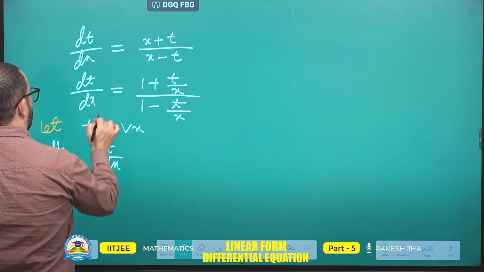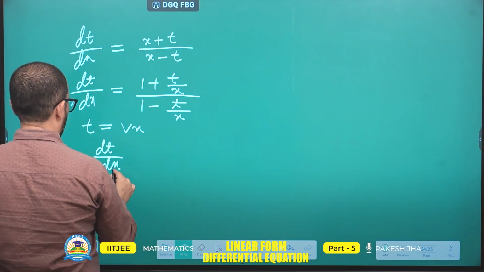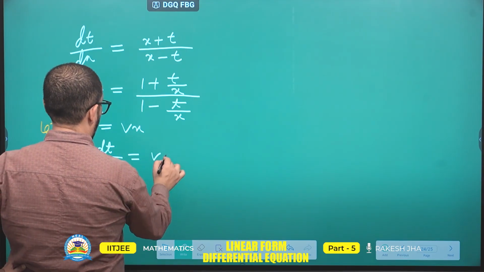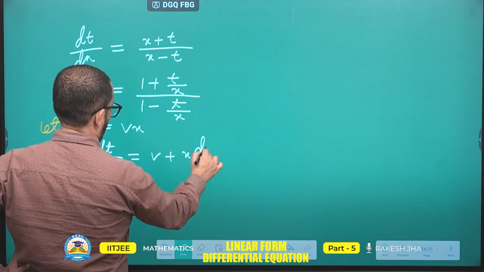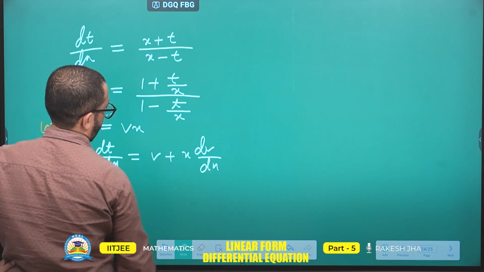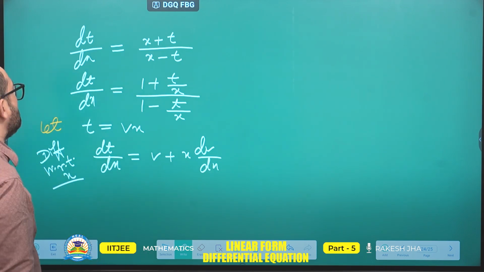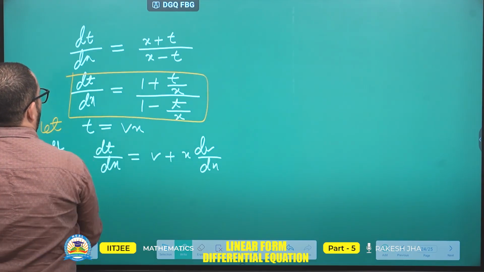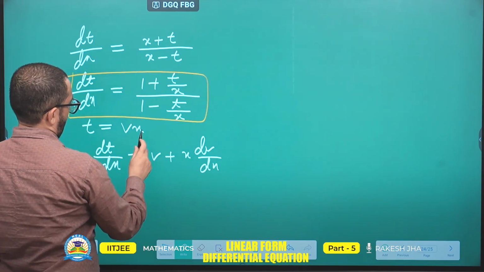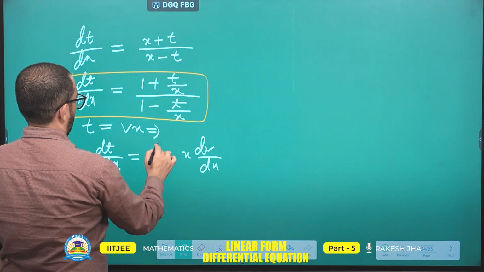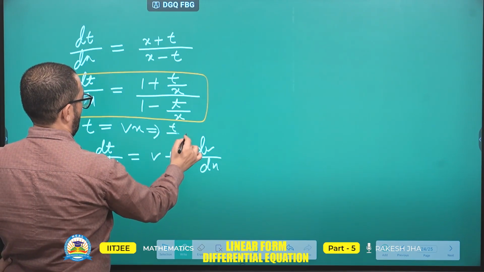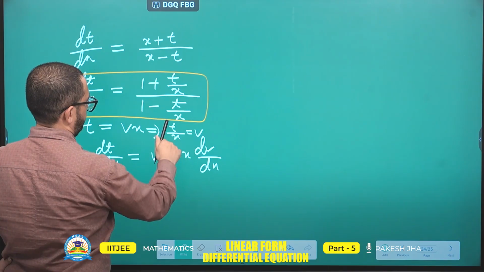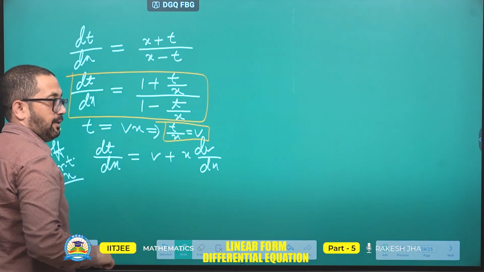So dt upon dx is equal to v plus x dv upon dx. So we can make this substitution here: t upon x is nothing but v.